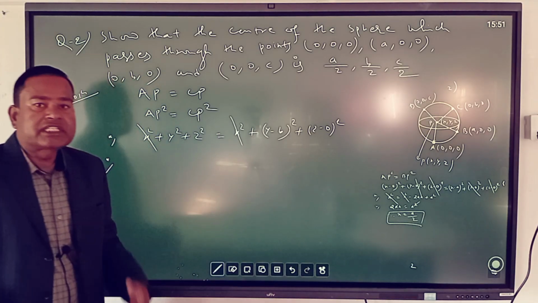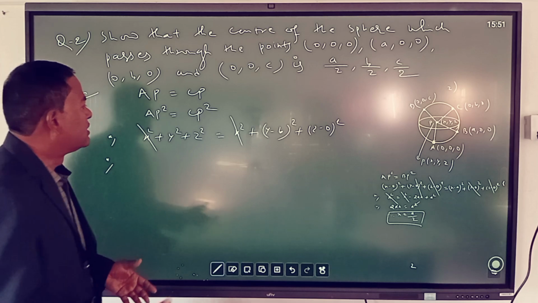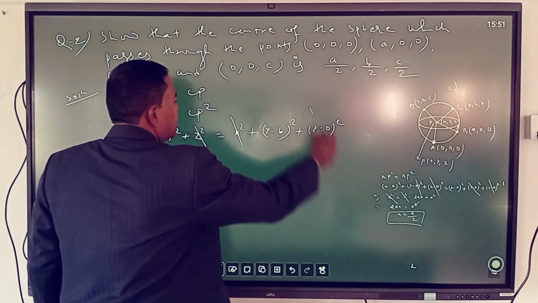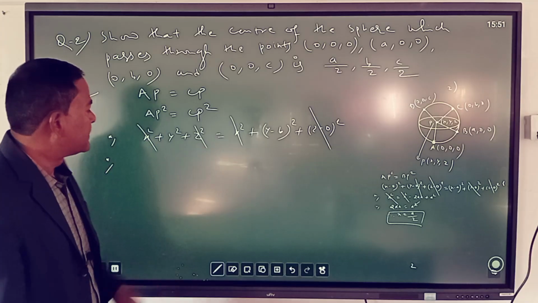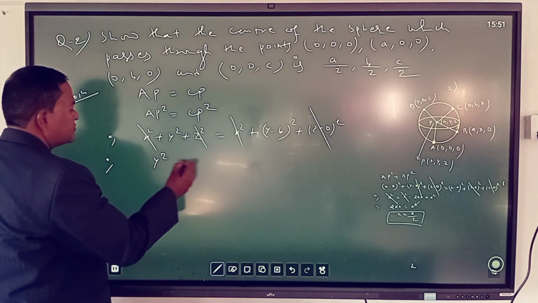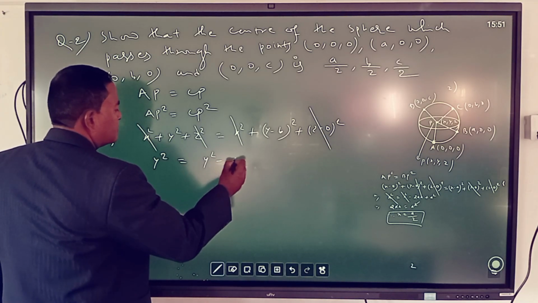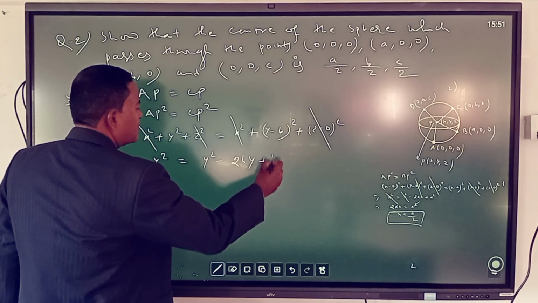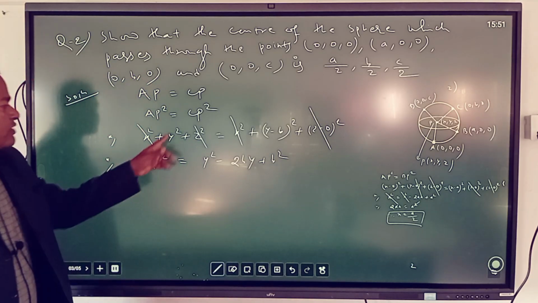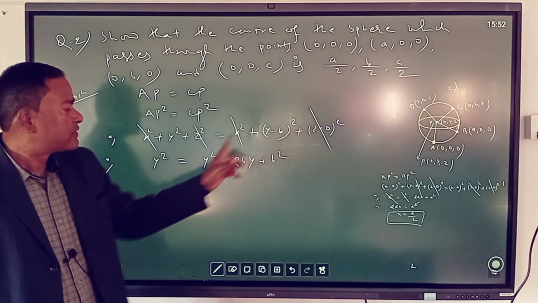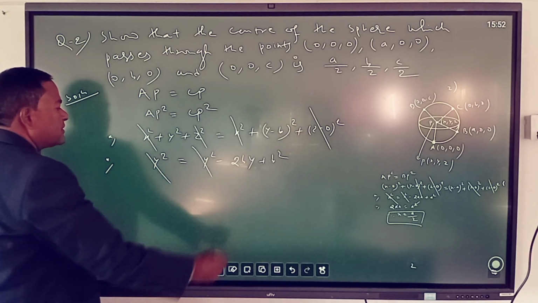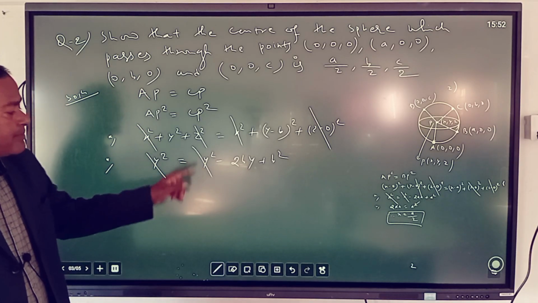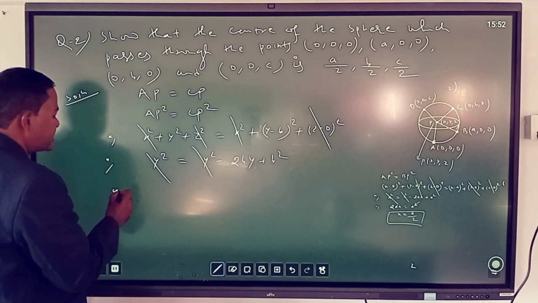Now x square we can cancel, and z minus 0 means we get z square, and z square cancel. The remaining terms are y square, and y minus b whole square means y square minus 2by plus b square. So again y square cancels from both sides.